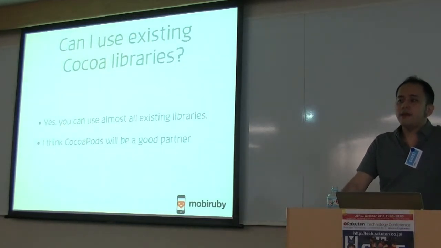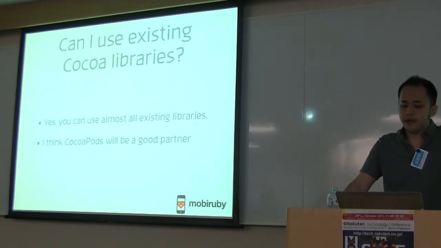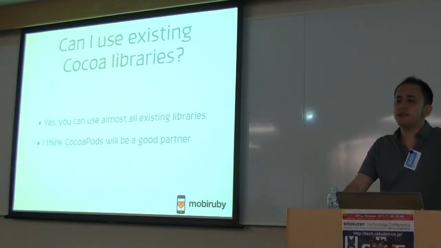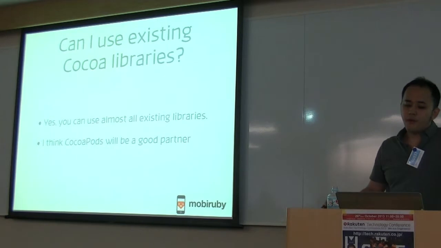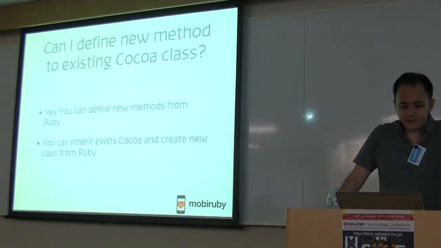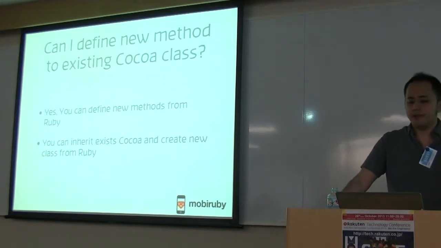Almost any library can be called from the Ruby layer, and I think CocoaPods will be a good partner for MobiRuby. I think MobiRuby will be released through the CocoaPods library.